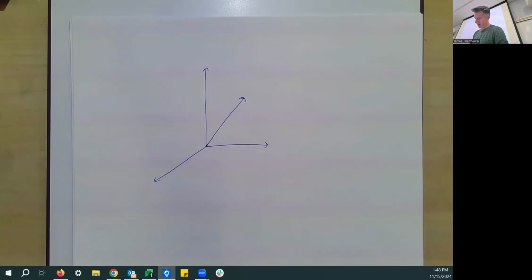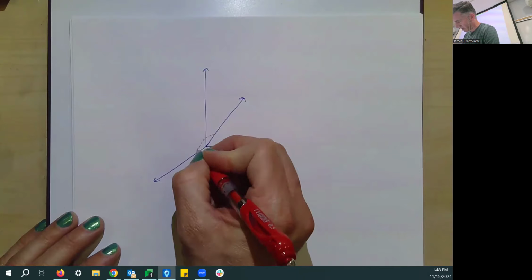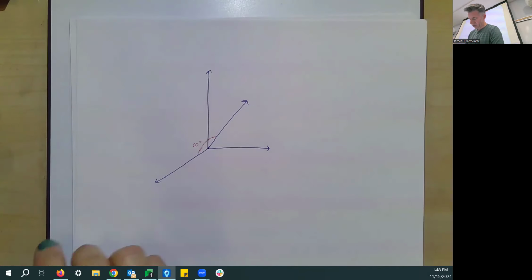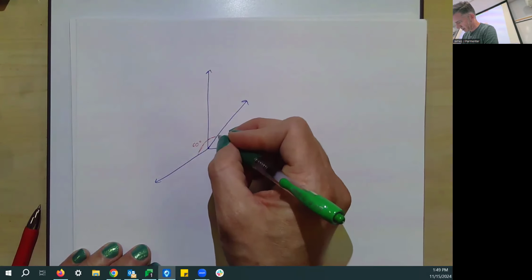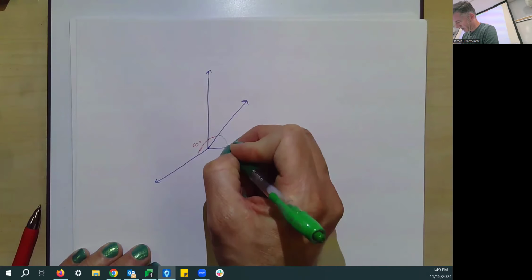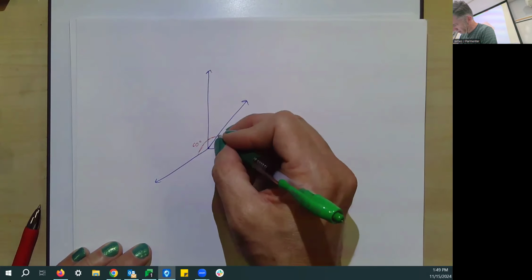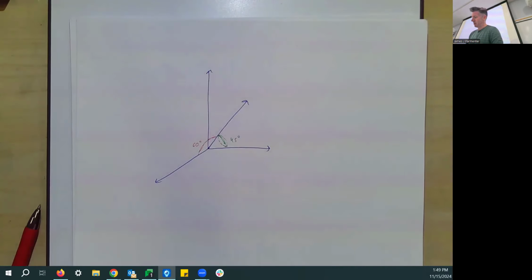So what we're saying here is this angle it's making with the x-axis is 60 degrees, and this other angle it's making with the y-axis is, sorry, 45 degrees. So, let me do this. Here, this will make it easier.